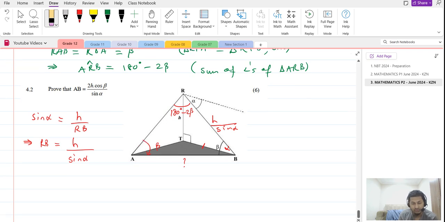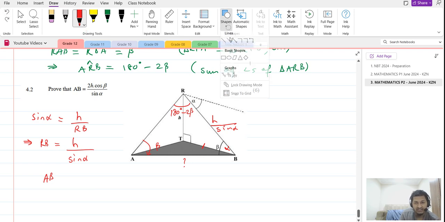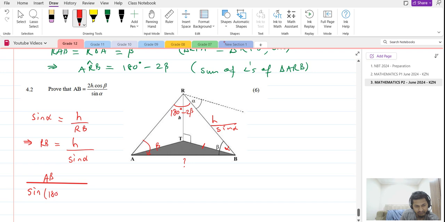So we can say AB over sine 180 minus 2 beta is equal to RB, H over sine alpha, over sine beta.